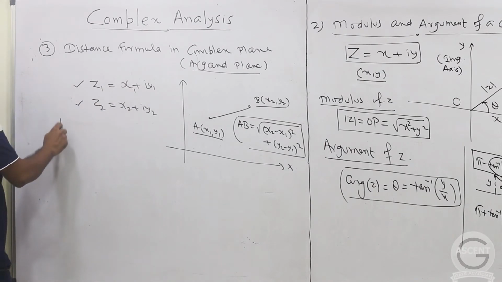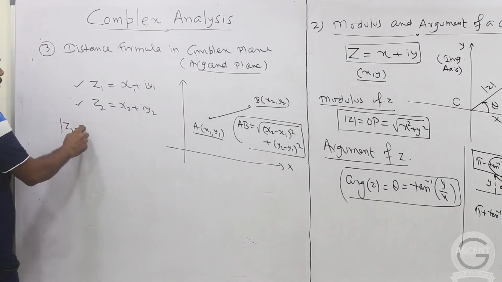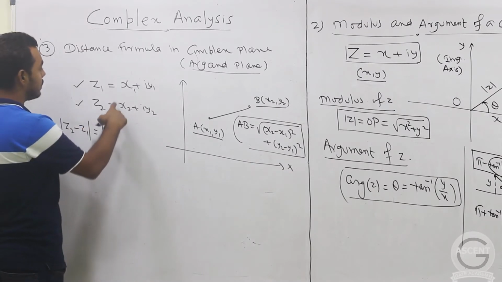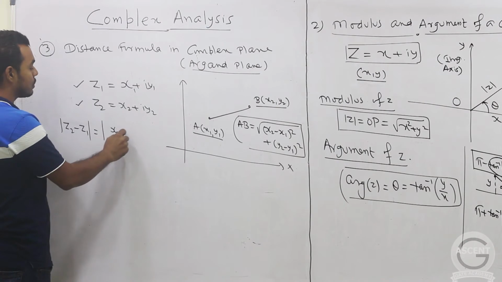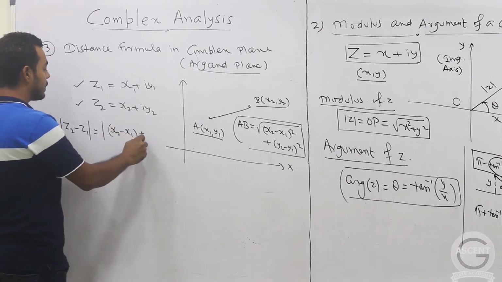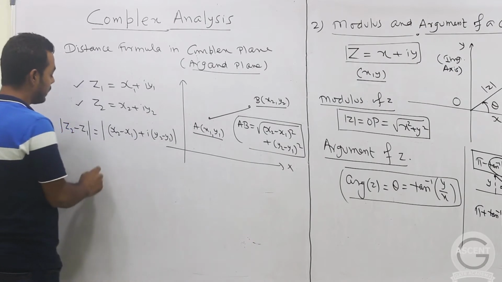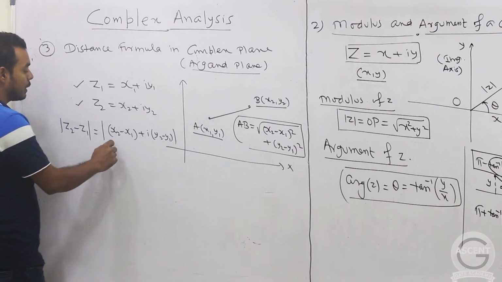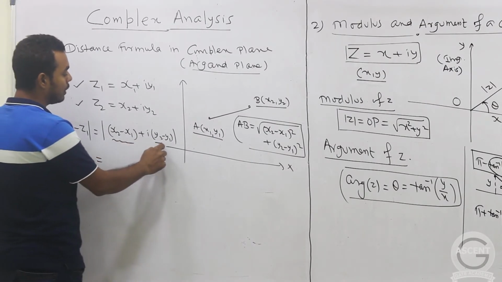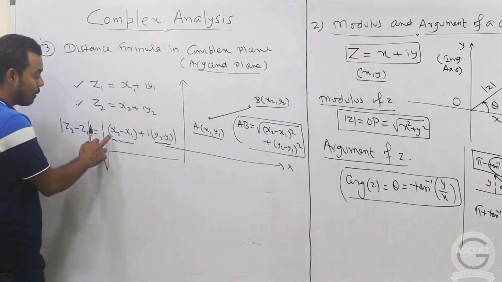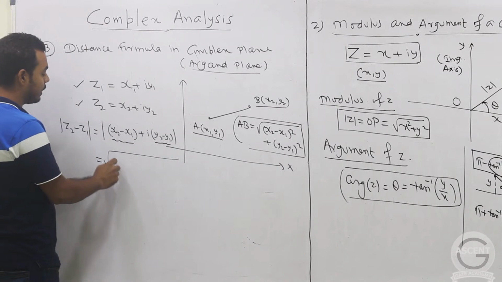So see, if I calculate mod z2 minus z1, so this will be mod of, if I subtract z1 from z2, x2 minus x1 plus iota times y2 minus y1. And we have seen that the modulus of a complex number is nothing but the square root of the sum of the square of the real part and the square of the imaginary part.